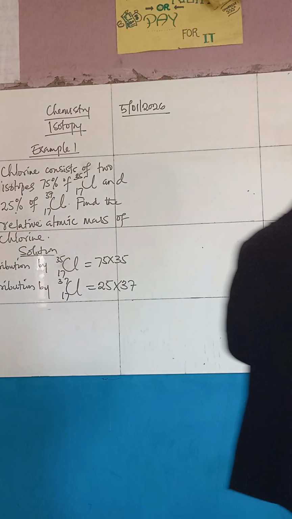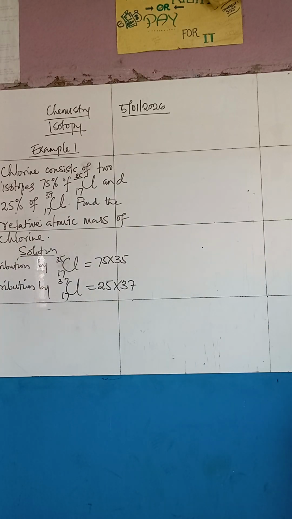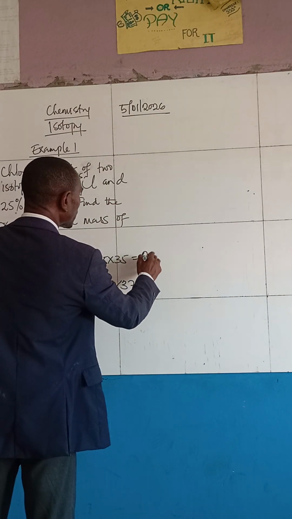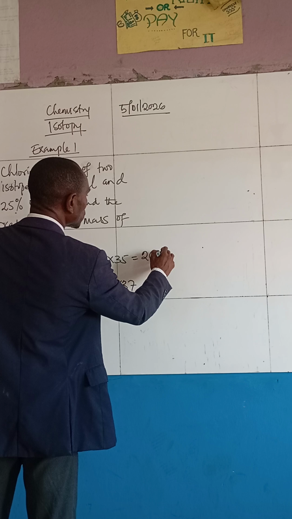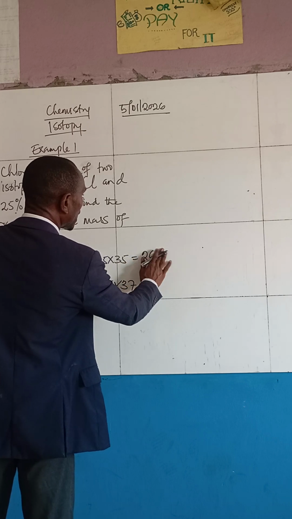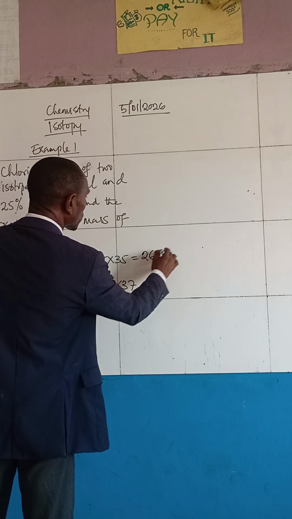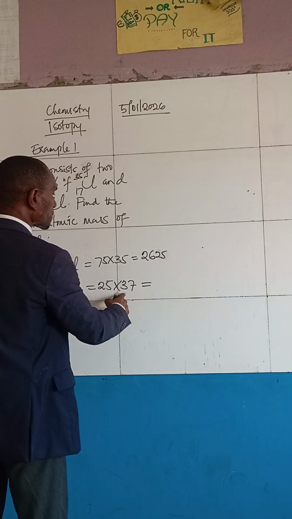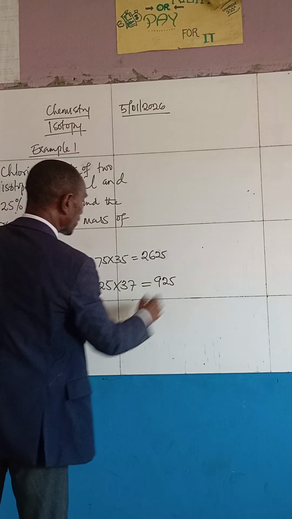Having done that, 35 times 75, if you check your calculator, is 2,625. While 25 times 37 will give us 925.